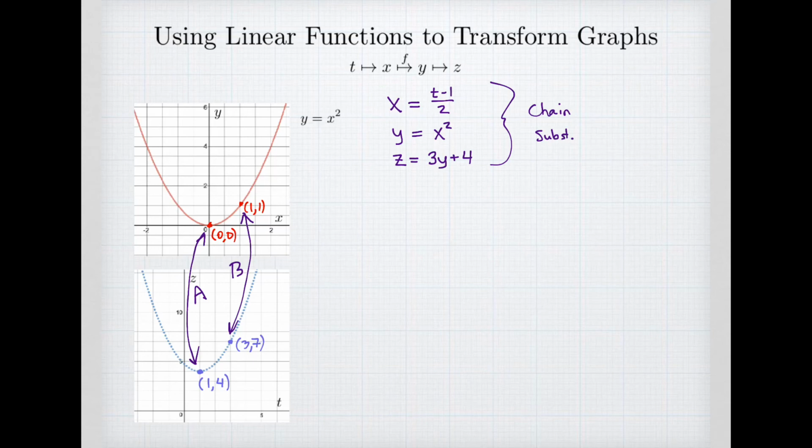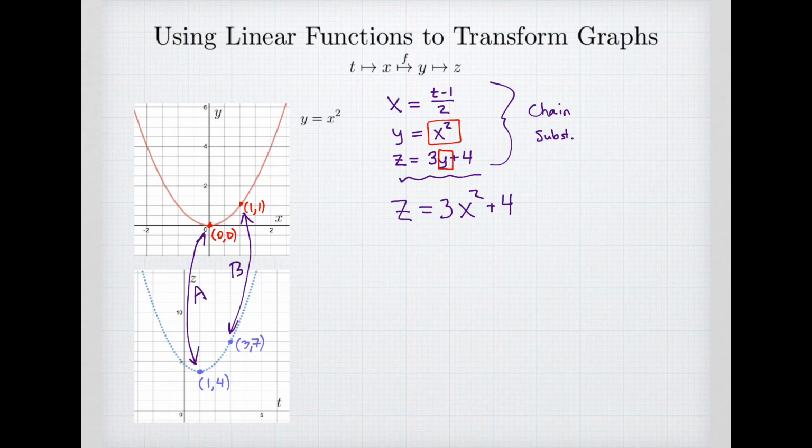We'll start with the z equals 3y plus 4 equation, and we replace the y by its formula, x squared. So z equals 3x squared plus 4. We now have z as a function of x.